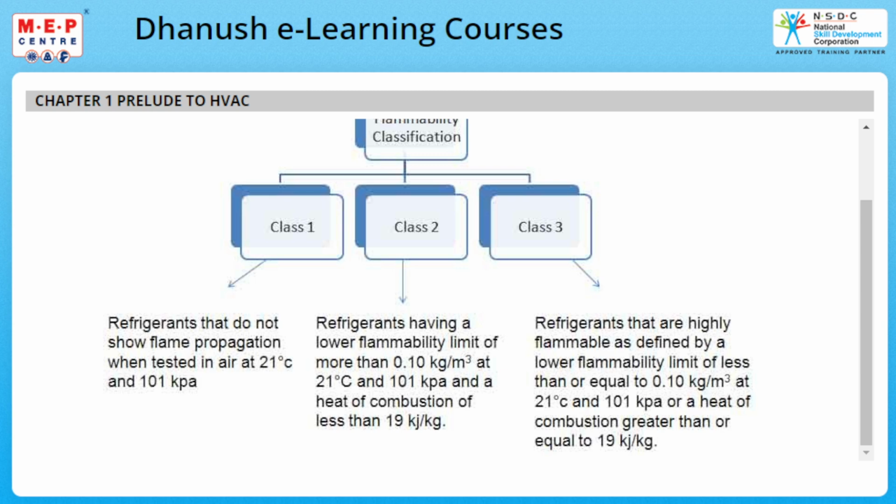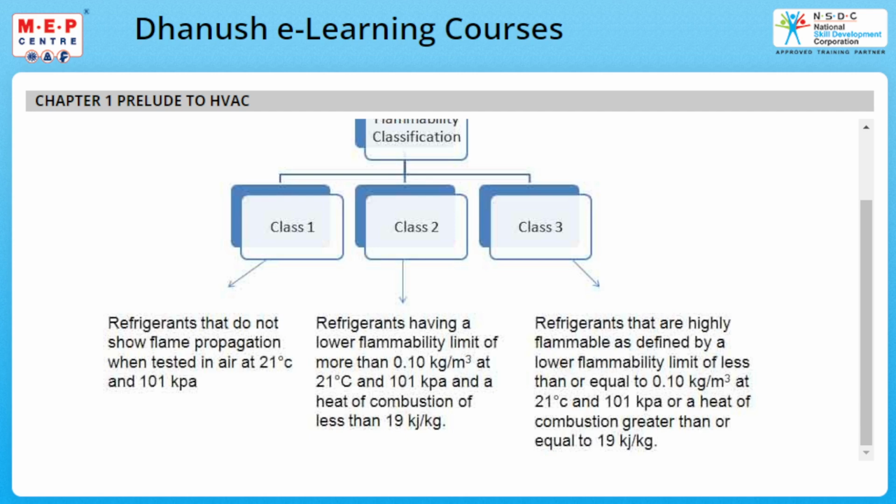Class 2 indicates refrigerants having a lower flammability limit of more than 0.10 kg per meter cube at 21 degrees centigrade and 101 kilopascals and a heat of combustion of less than 19 kilojoules per kg. Please refer to standard number 34 in the ASHRAE Handbook of 2013 version.